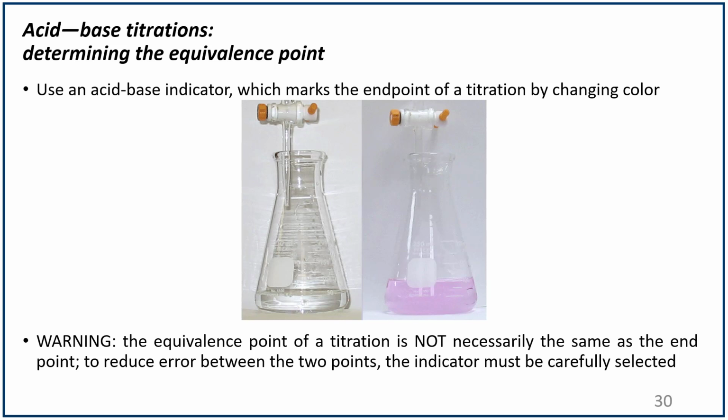And to pick a good indicator for an acid-base titration, it's actually important to make sure that that endpoint is very close to the equivalence point. All right, so once again, the endpoint is not equal to the equivalence point, but if you want to do a more accurate, more precise measurement, you want it as close as possible.